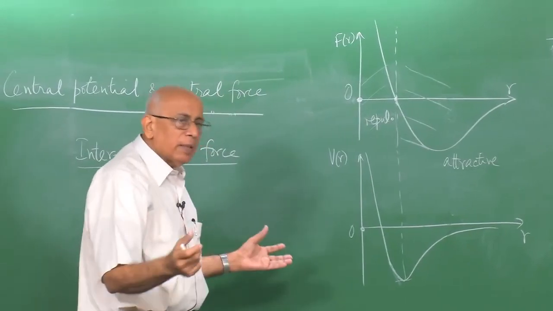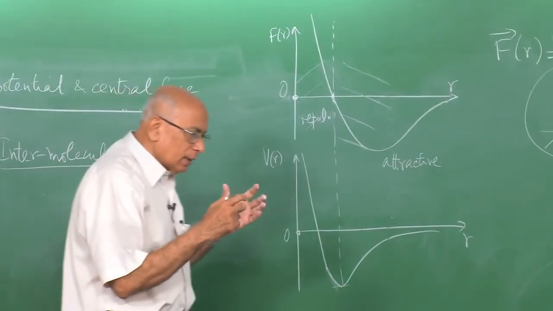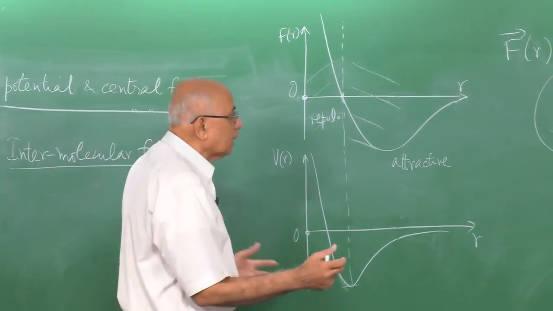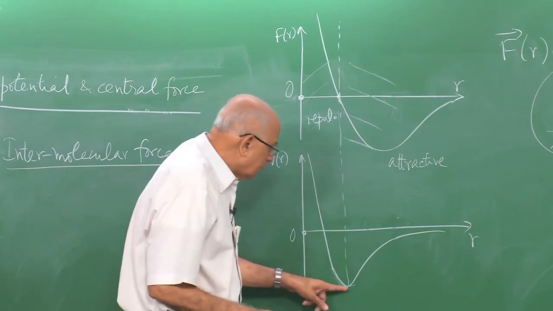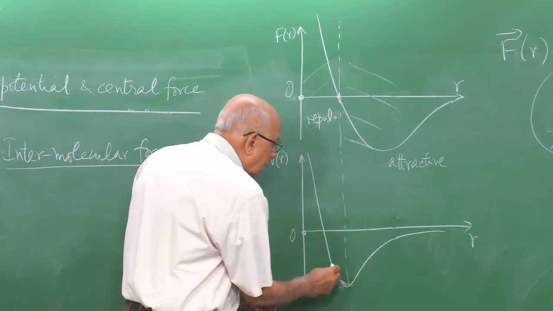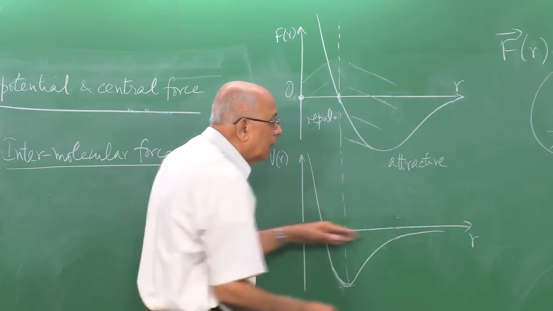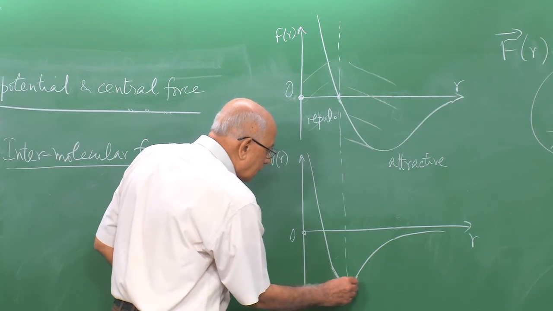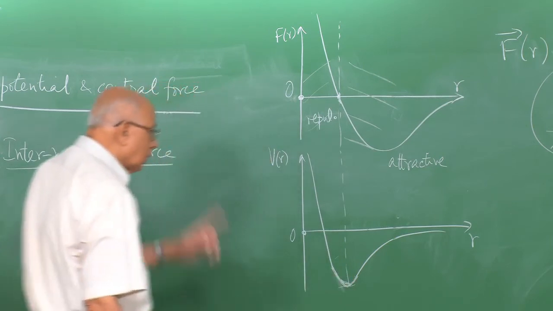The attraction and repulsion cancel each other out, and this is a point of equilibrium. Not stable equilibrium, because if you displace it a little bit, it will move out, unless this is a deep enough well. On the other hand, if you give it a sufficiently large displacement, you may dissociate these two molecules, but otherwise there could be oscillations about this minimum, which we will talk about when we talk about oscillations.